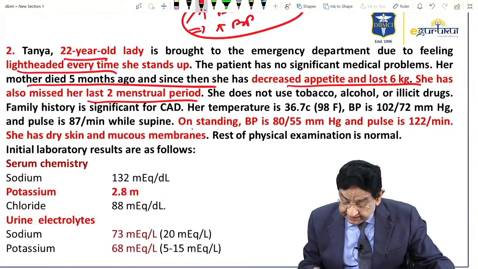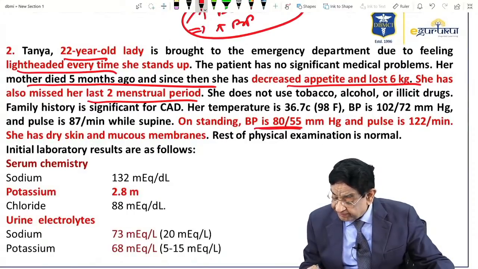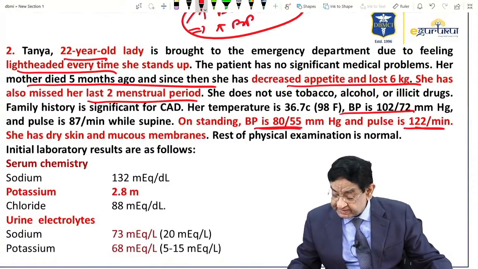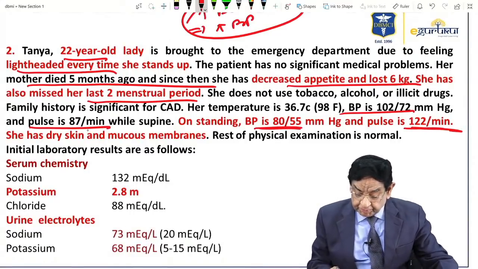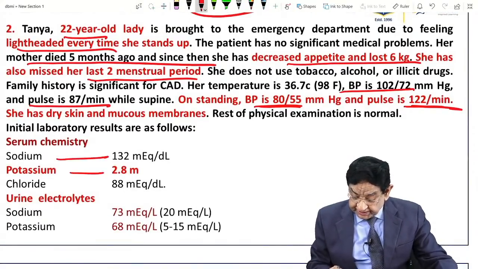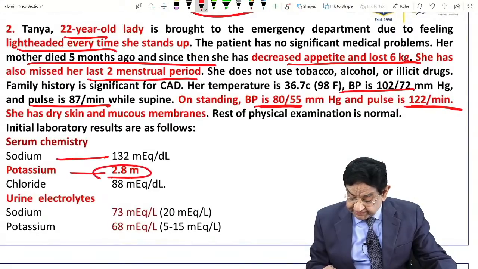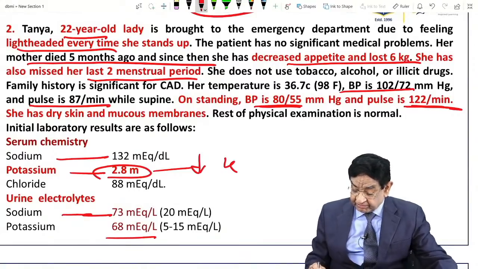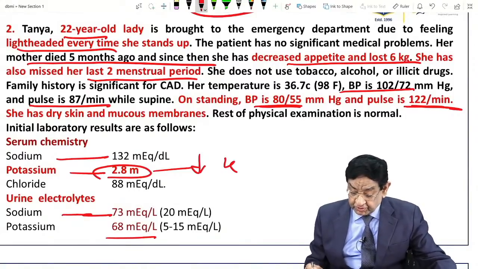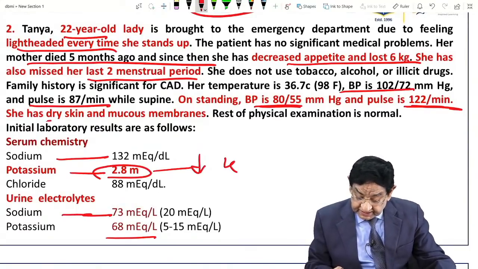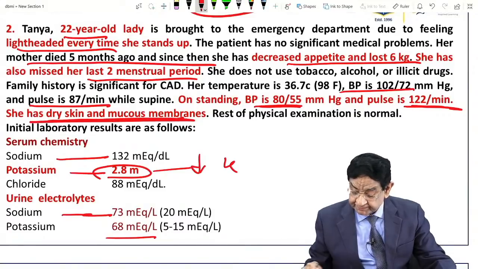BP on standing is 80/55, supine is 102/72, pulse is increased on standing, supine pulse is 87. Sodium is 128, potassium 2.8, severe hypokalemia is there. Urine sodium is increased and potassium increased. Oh, what is this? And skin dry and mucosa dry.